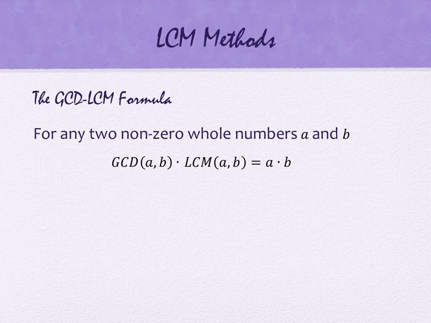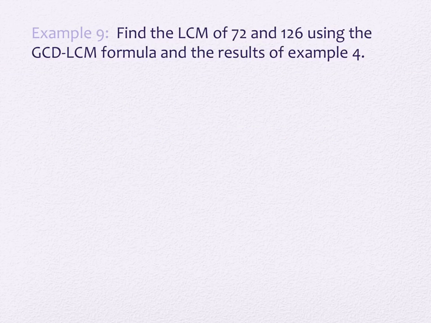So I couldn't use that last example and do this for this formula because the last example had 3 values that I was trying to find the least common multiple of. Okay. So no matter what the numbers are, their least common multiple times their greatest common divisor multiplied together will give you the product of the two numbers. It's kind of a cool feature. And what I'd like for you to do in the example that I have is to take a look back at one that we've done before.